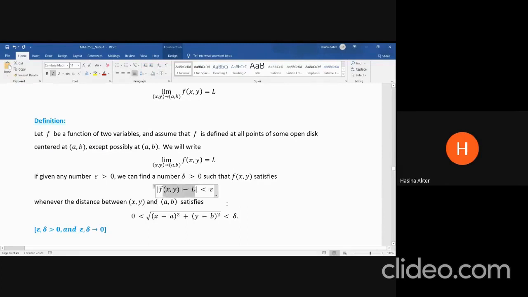In general, whenever the inputs are close to each other, these two numbers will be close to each other. Okay, so this is the concept of the limits.